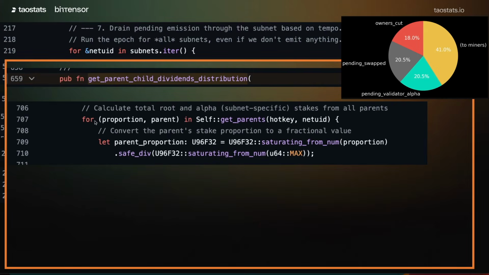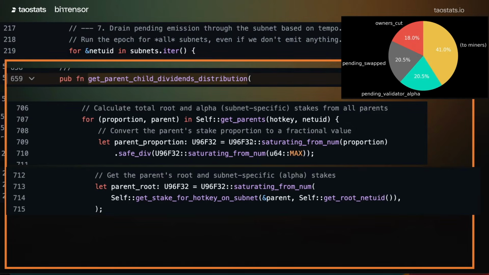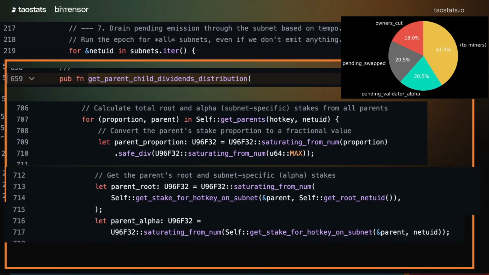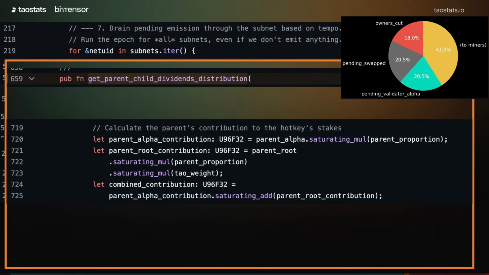We now want to do the same thing for all of the parents. We get the proportion and the parent, and we find the proportion. We get the root and the alpha, and then we find their percentage. We know the percentage times the alpha contribution, the root weight, their proportion, and that's how much goes to root for the parent.